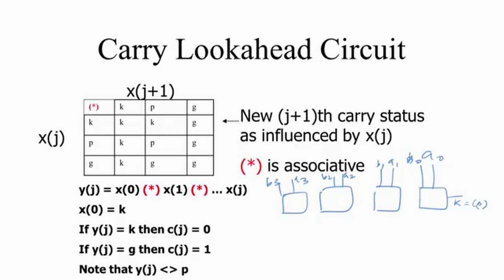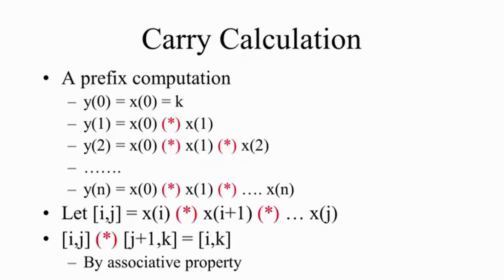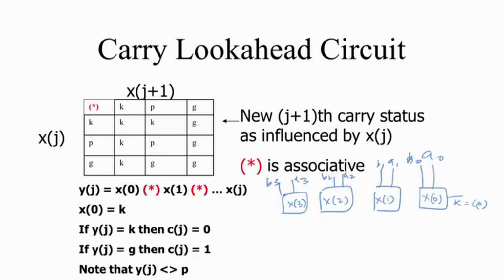Now there is a status that we have generated for each. So I have a status X0, X1, X2 and X3.